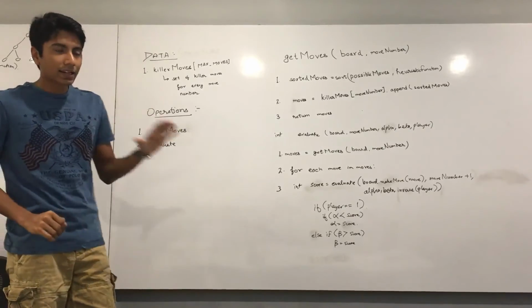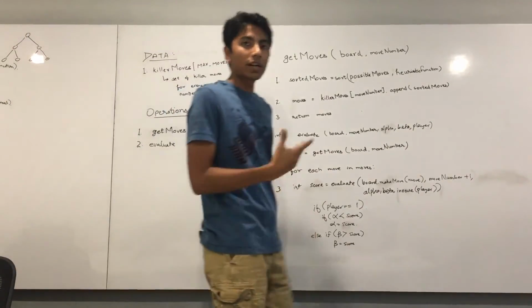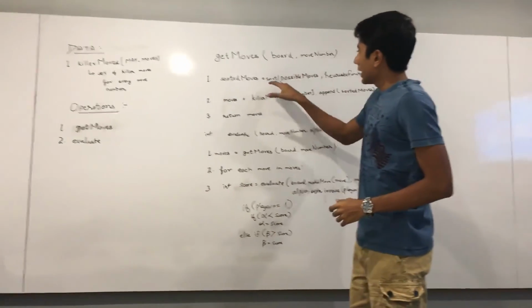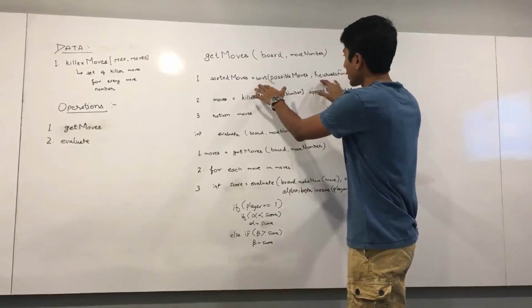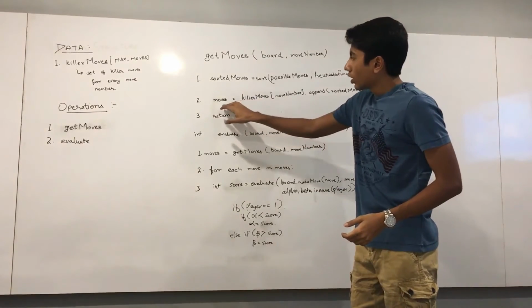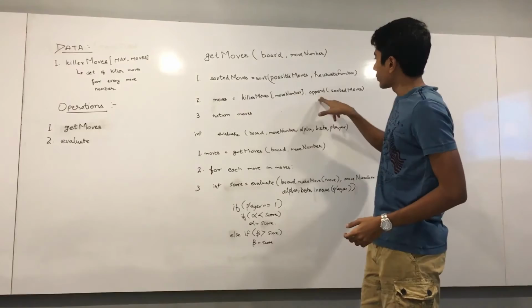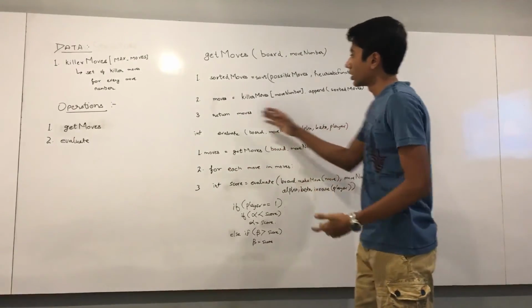These are exactly like alpha beta, except that we are just going to add some functionality to these 2 functions. So get moves, it takes all possible moves, sorts them according to the heuristic strengths, and then you get these sorted moves. What you do is you append the killer moves for that move number to the sorted moves, and now you have a set of moves which you can return.